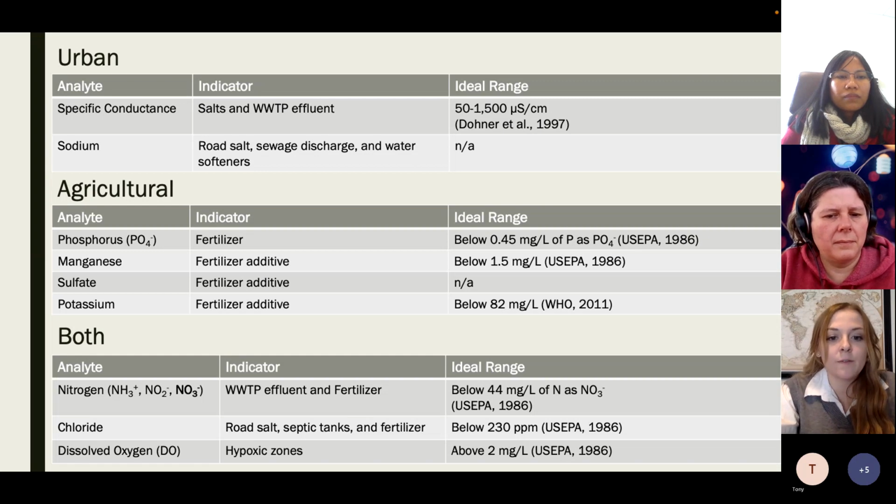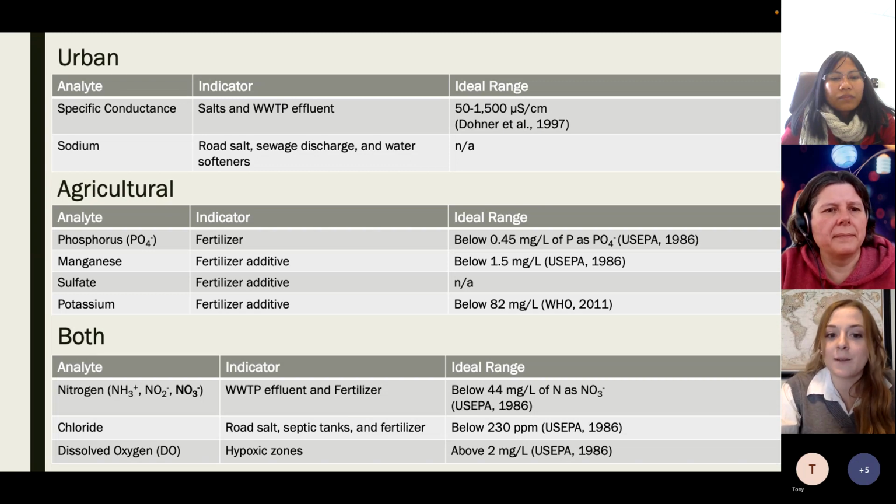For chloride, we were looking particularly for road salt and septic tanks, and for the agricultural influence, fertilizer. And dissolved oxygen was looked at for both areas because it is a temperature-dependent parameter that is also influenced by salinity and nutrient input. So we were trying to identify if there were any hypoxic zones in the watershed, and if so, where and what they could be from.